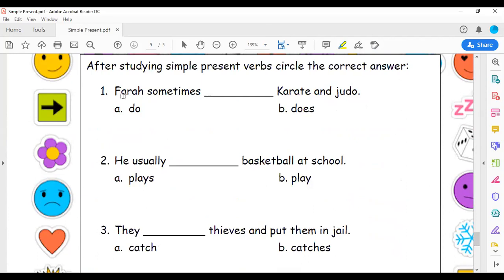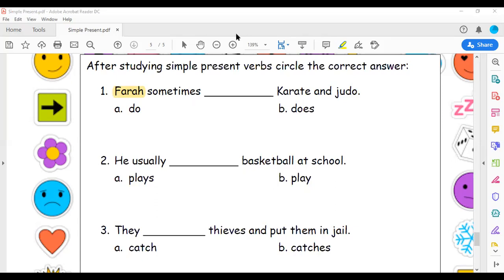Okay, Farah sometimes does karate and judo, do or does. Where is the subject? The subject is Farah, right? Okay, Farah. Is it singular or plural?